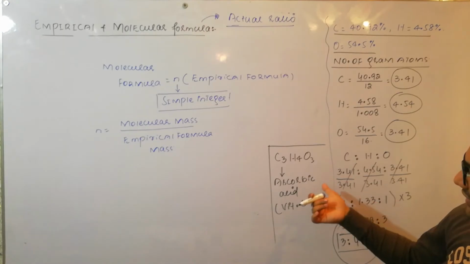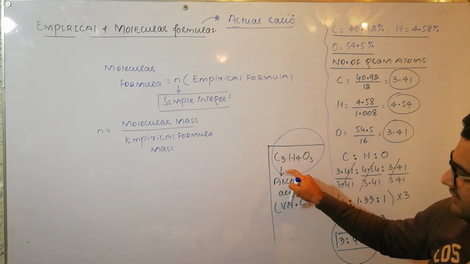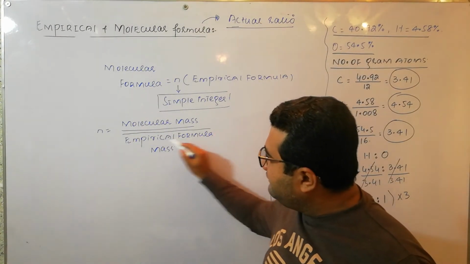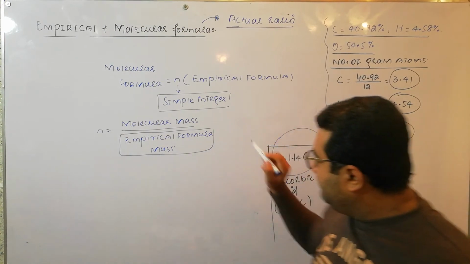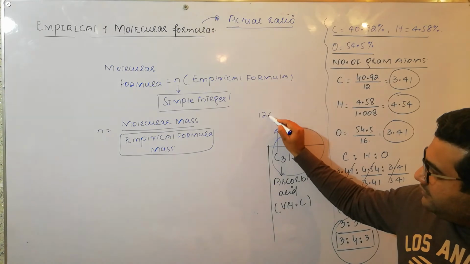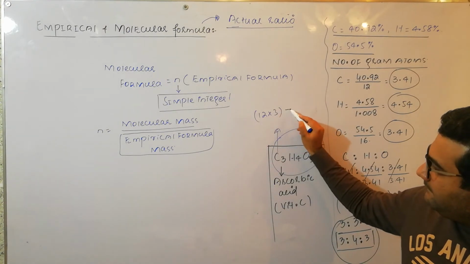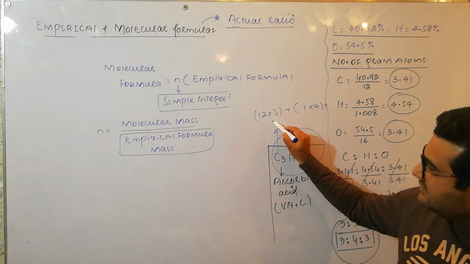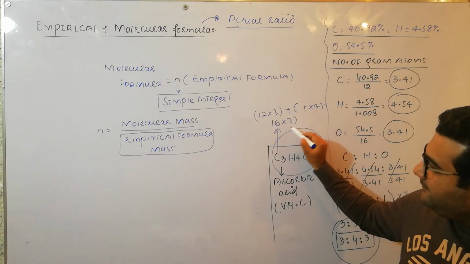We have calculated the empirical formula of ascorbic acid. It is C3H4O3. So we can easily calculate the empirical formula mass as well. What will be its empirical formula mass? 12 into 3 plus 1 into 4 plus 16 into 3.